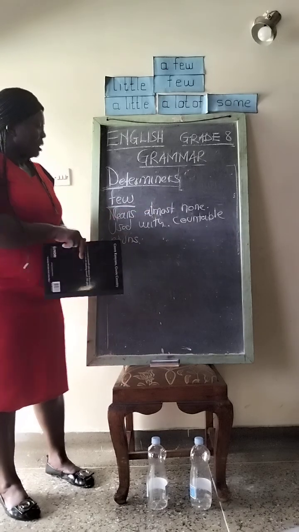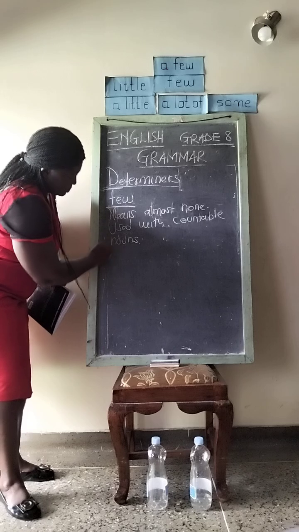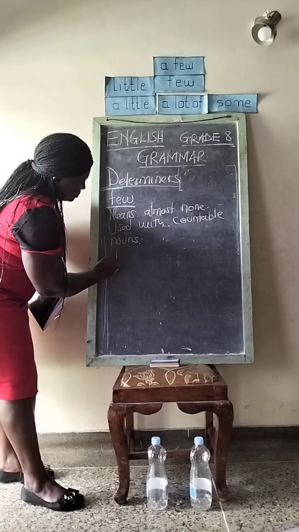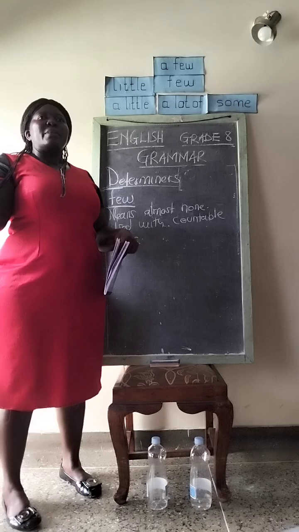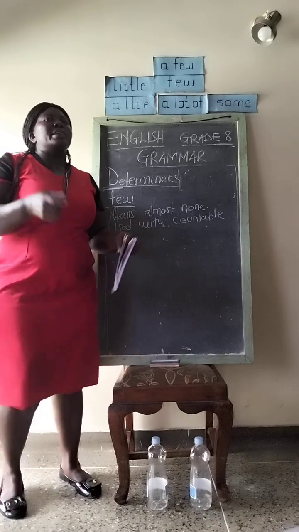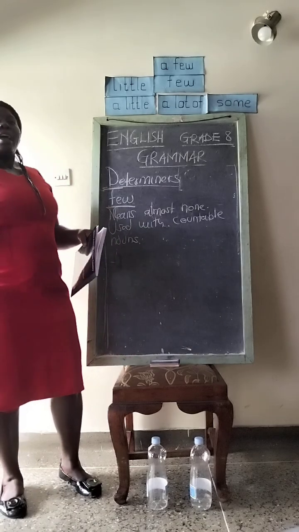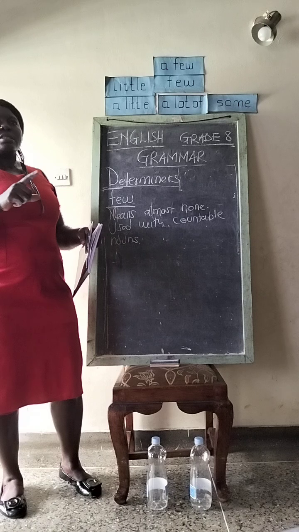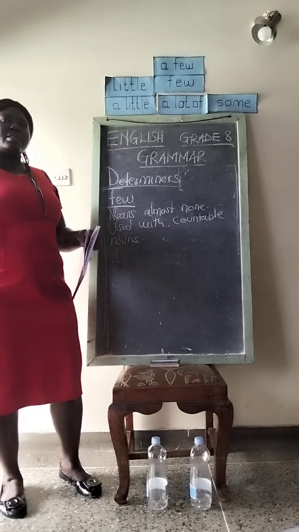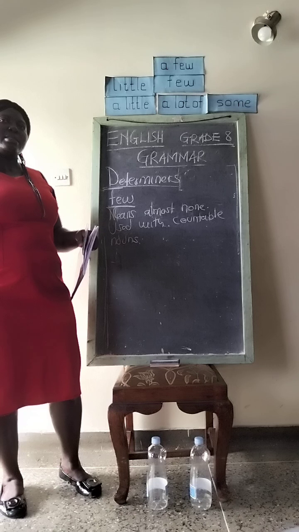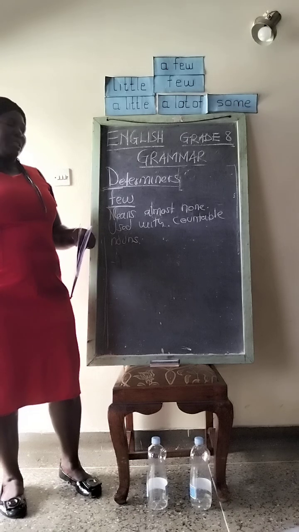Example in a sentence. Let's say if schools were open, and then you go to school on a Sunday. I guess on a Sunday you don't get teachers at the school. So you can give a sentence like this. I went to school last Sunday and few teachers were present.